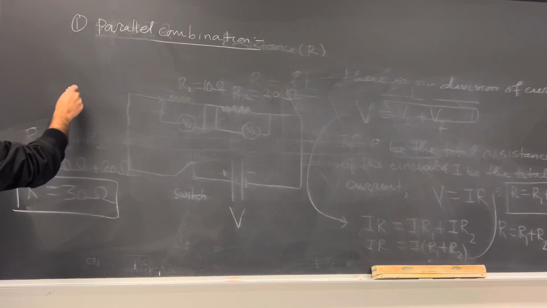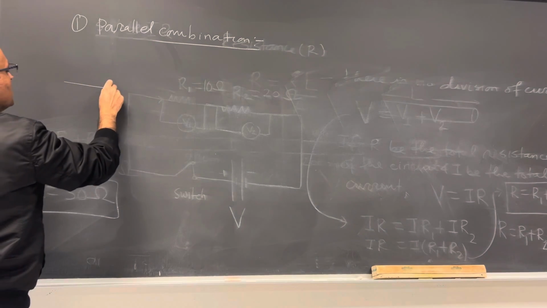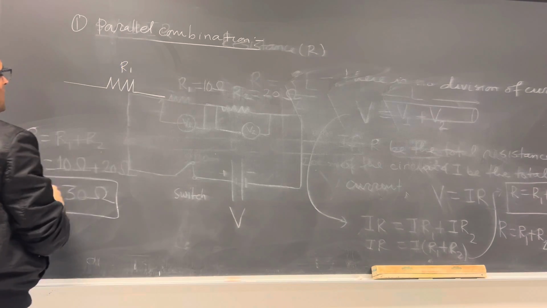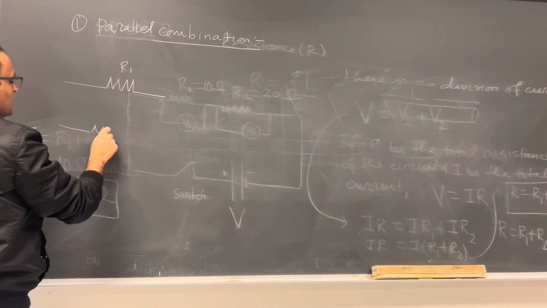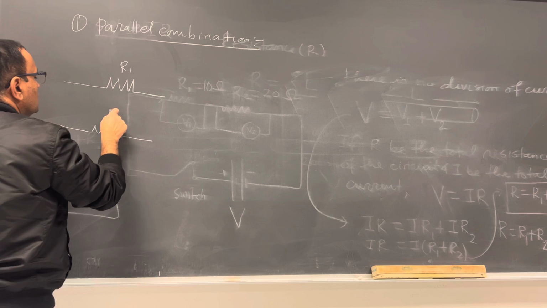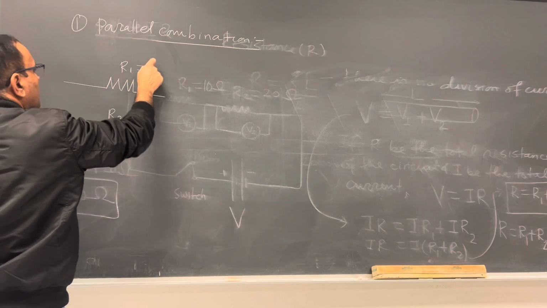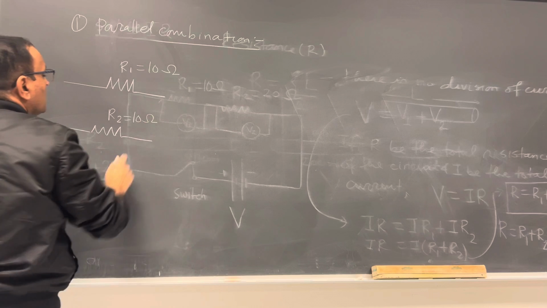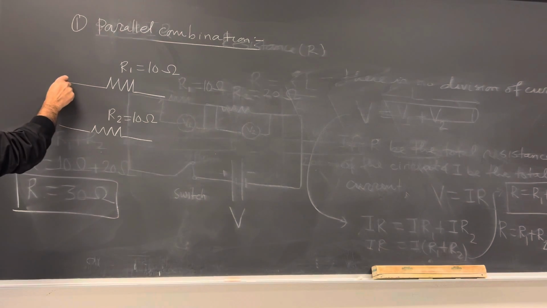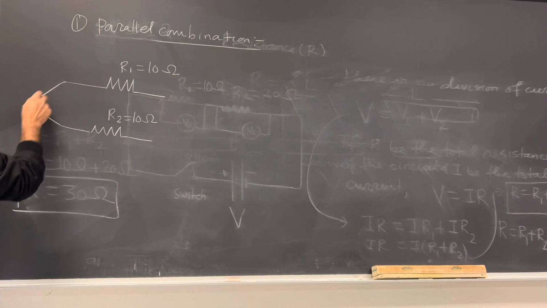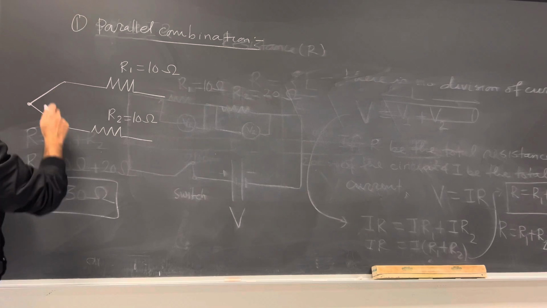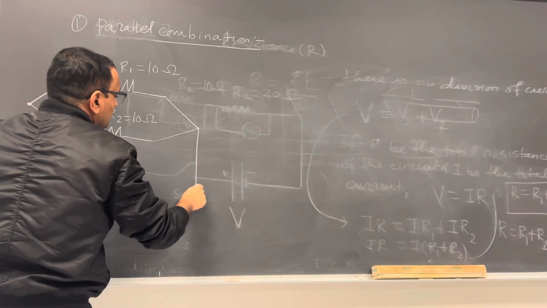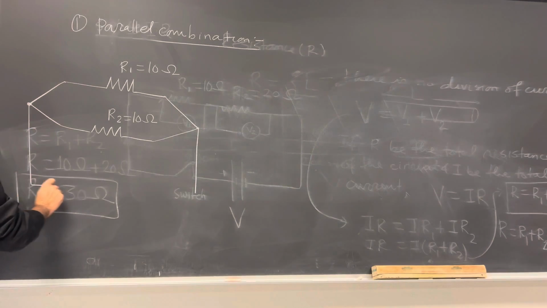Again, let us suppose we have two resistors, one having resistance R1 and another resistor having resistance R2. We can use this as 10 ohm and this as 20 ohm, and you connect them like this, with terminals connected to these points, both terminals here.